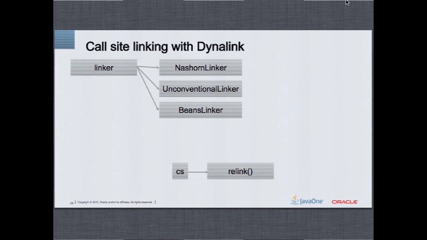So ideally, if you're using JavaScript, Nashorn, you will have a Nashorn linker and then you will have something for that unconventional API which knows how to retrieve a get_color when you require color from it. And you also have a beans linker, which is part of Dynalink. That's the fallback linker that you normally include, and when any other linker doesn't know how to handle an object, then you just fall back to the beans linker and it just gets treated as a POJO.